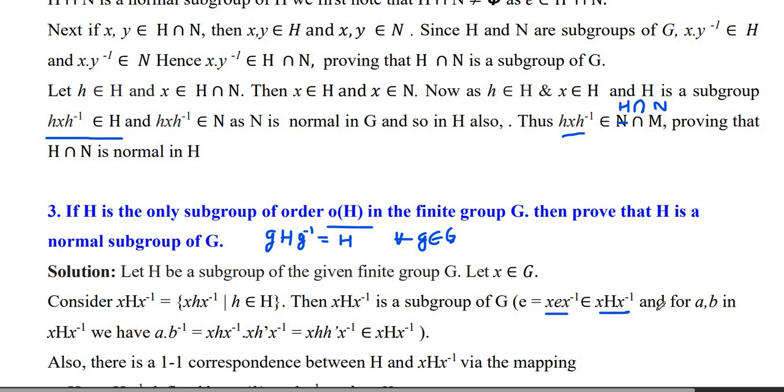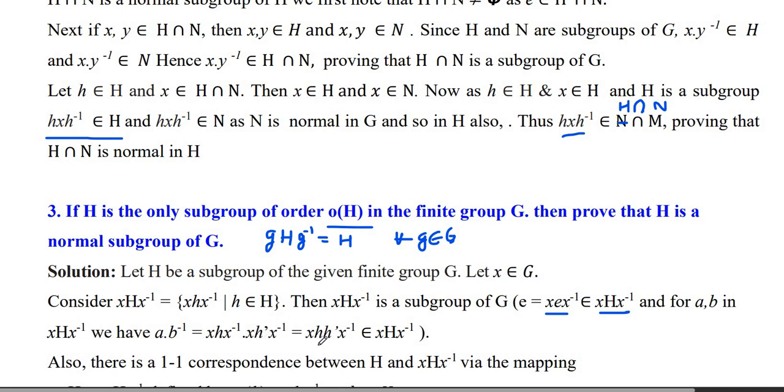So whatever you have in the middle, that should be a member of H. That is the condition. The middle one should be in H. So you have x H x inverse to be non-empty, and for two elements a and b in this, we have a b inverse, where a should be of this form and b should be of this form, x h prime x inverse.